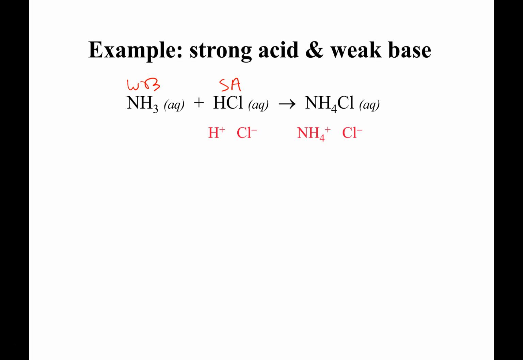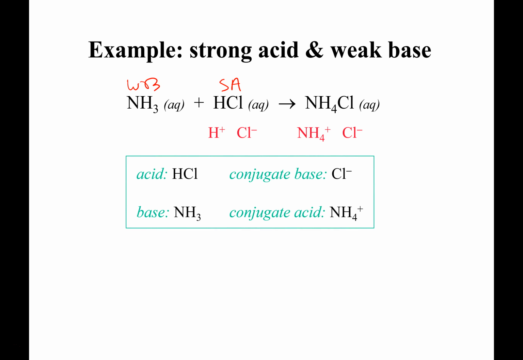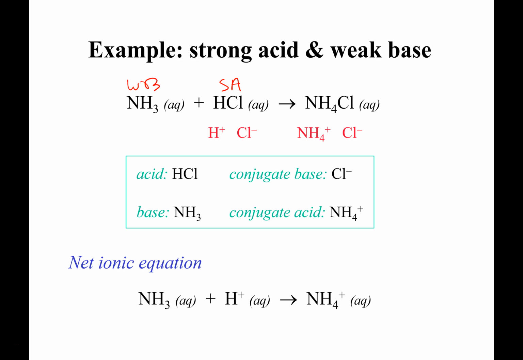So we're going to delete the chloride ion, Cl minus, on both sides. Identifying your conjugate acid-base pairs, HCl and Cl minus differ by a proton, NH3 and NH4 plus differ by a proton. So there's your two pairs. Again, the net ionic equation is minus the chloride ion. So it has NH3 plus H plus goes to form NH4 plus.